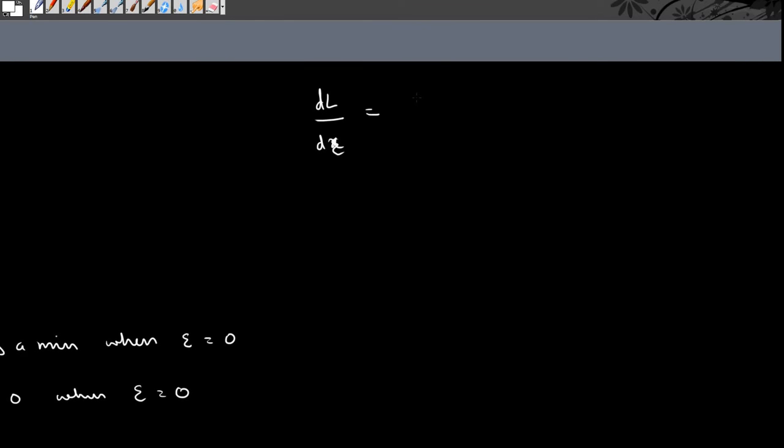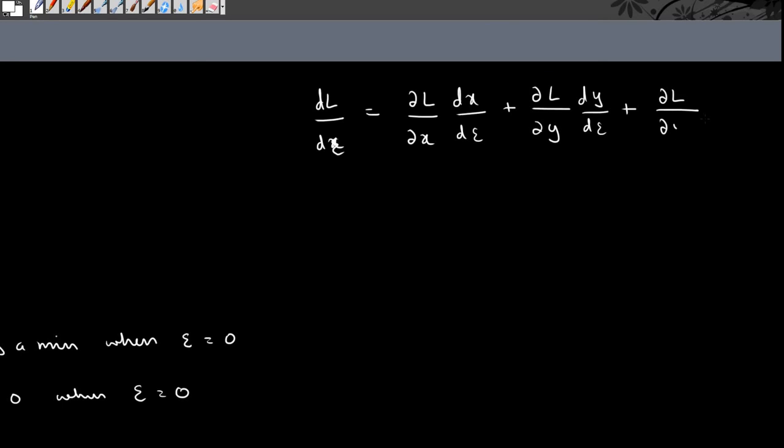This is basically dou L by dou x into dx by d epsilon, plus dou L by dou y into dy by d epsilon, plus dou L by dou y dash into dy dash by d epsilon.